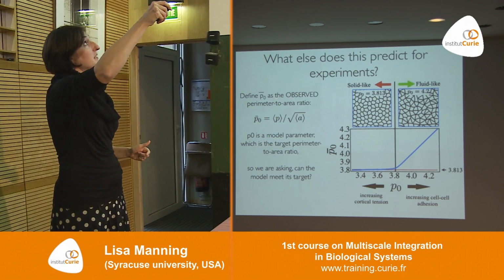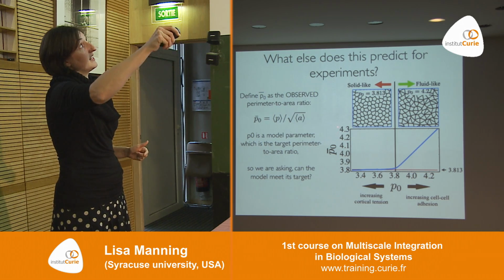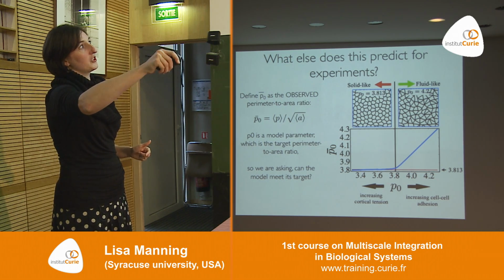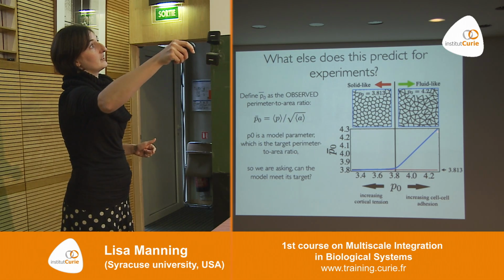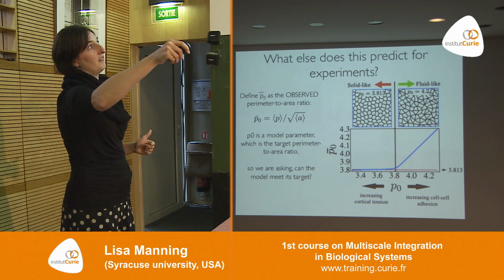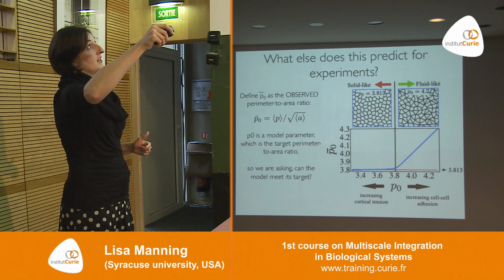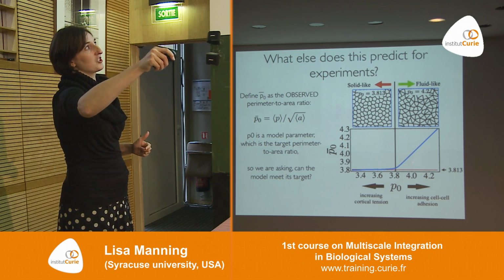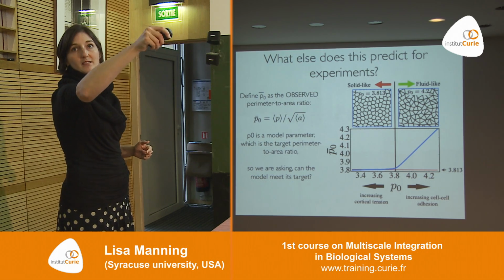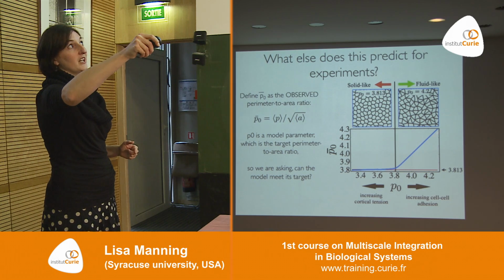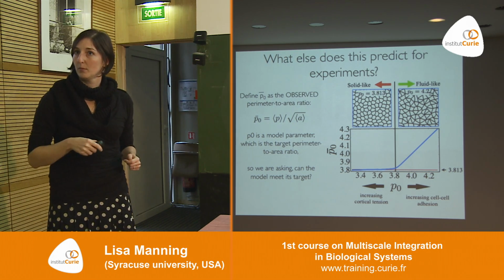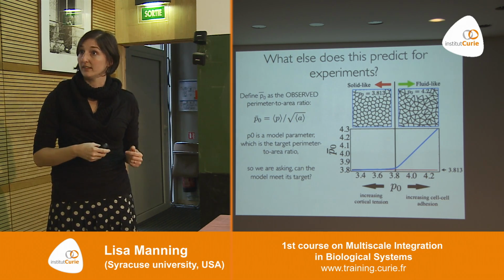And then we have this observable, and the question is whether the observable equals the target we put into the model. What you find is that on the liquid-like side of the system, this number, P naught bar, exactly matches P naught. This is just a straight line of slope 1. So on the fluid-like side, the system can always achieve the target values that the model wants.